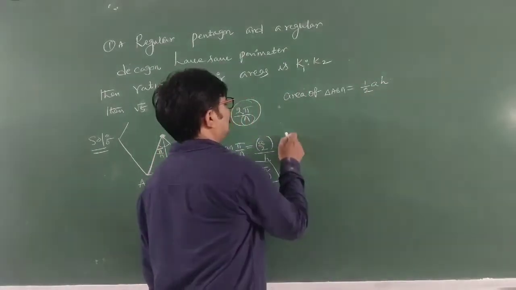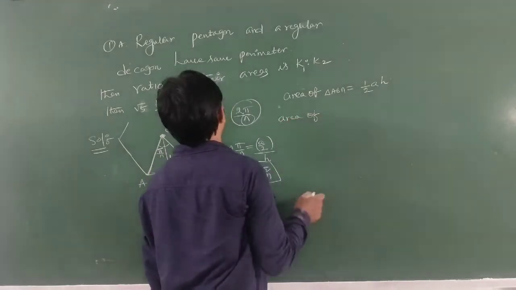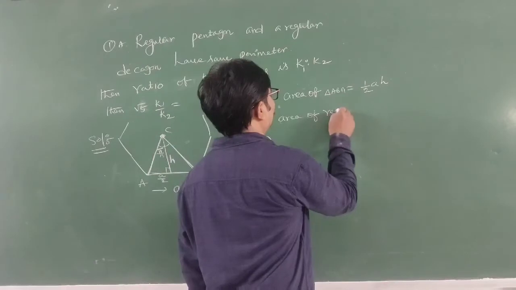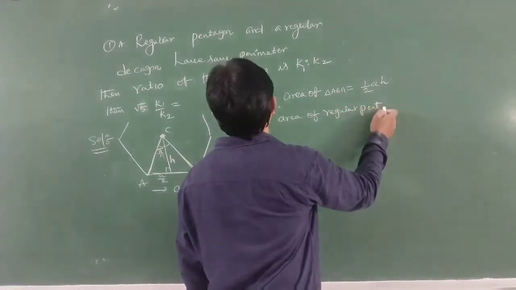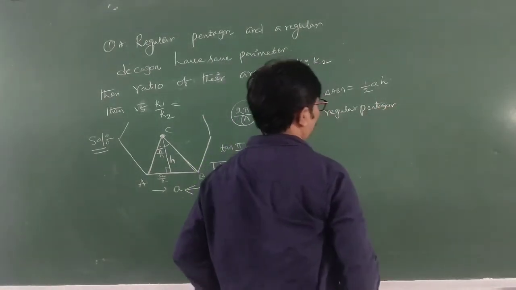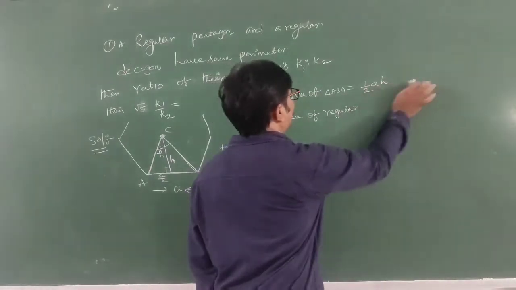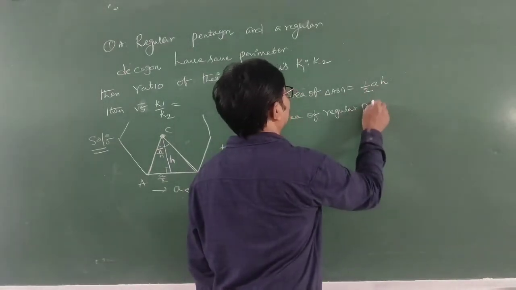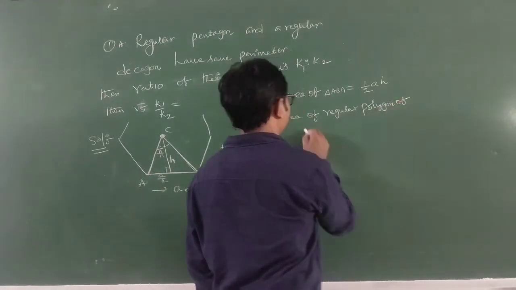Dear students, now the area of the regular polygon: first you can write the area of the regular polygon of n sides.